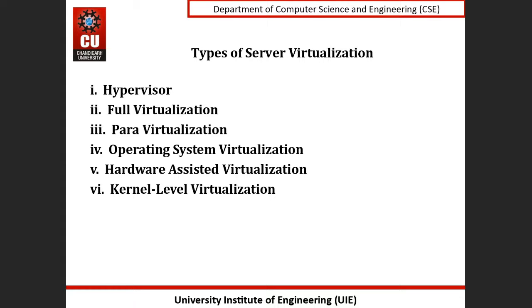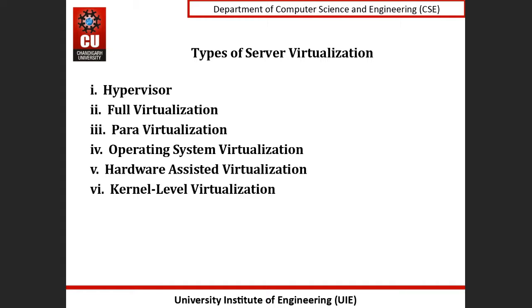So when you are creating an independent server out of one server, you again have to make those systems independent. For that you require an operating system to run one system or server independently, right? That's why it comes under server virtualization.